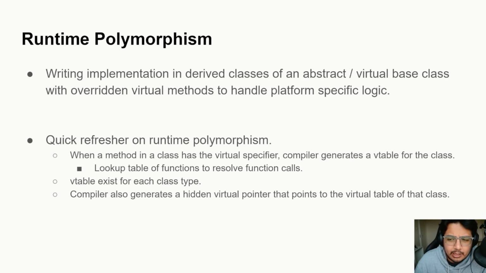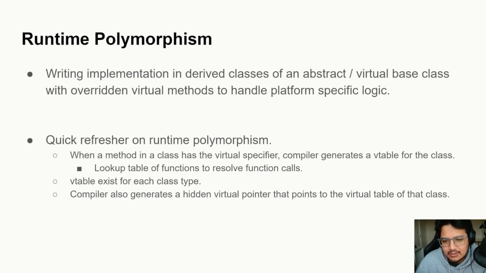I'm sure everybody already knows how runtime polymorphism works in C++, but for the sake of this presentation, we're going to have a quick refresher. Whenever a class function has the virtual specifier, the compiler generates a vtable for the class. The vtable is just a lookup table of function calls resolved at runtime, and the vtable only exists for each type of class.